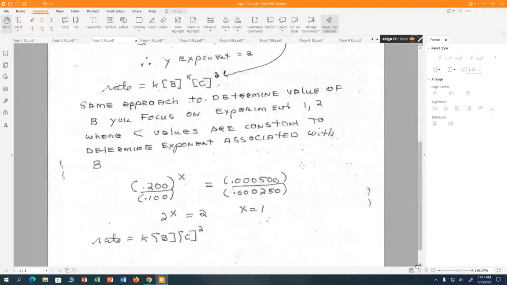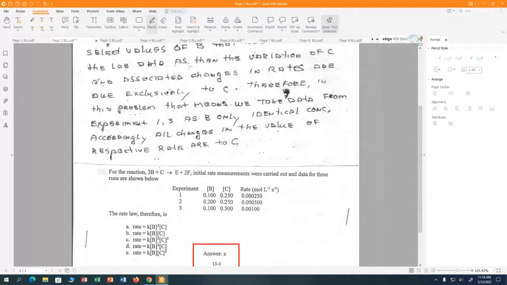Now we do the same thing and we look at the data. Again, we take a situation where the C values are constant, so we want to look at experiments 1 and 2.